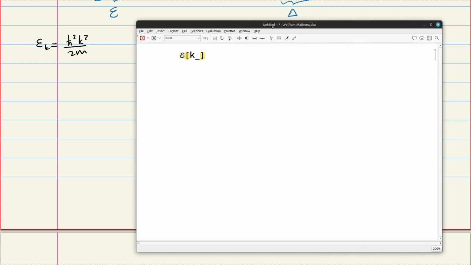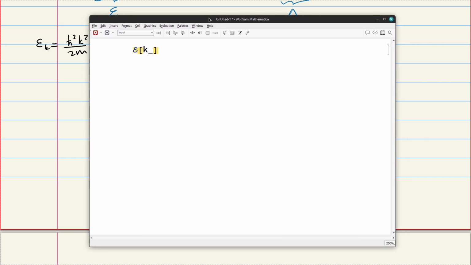So this is going to be a function of k and g with scaled variables, and it is defined as root k squared times k squared plus g.